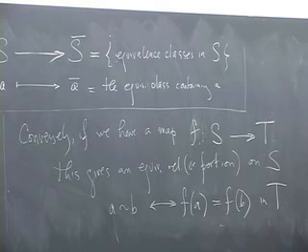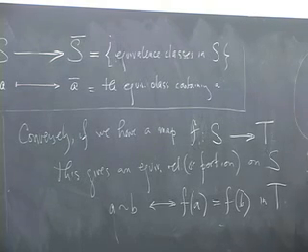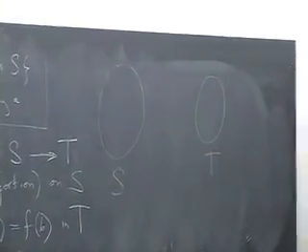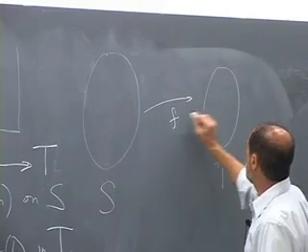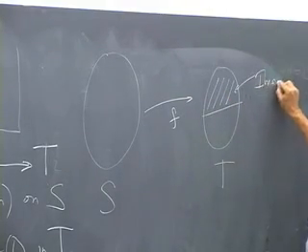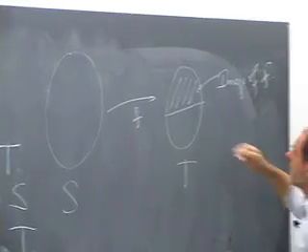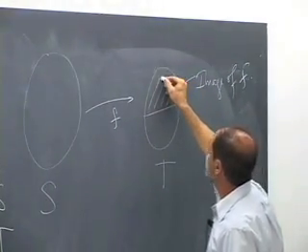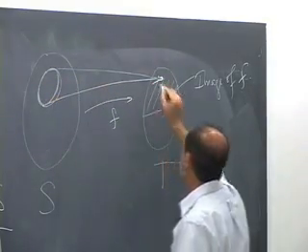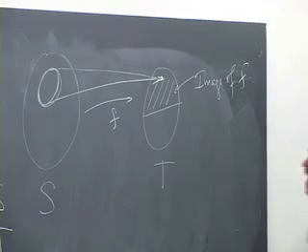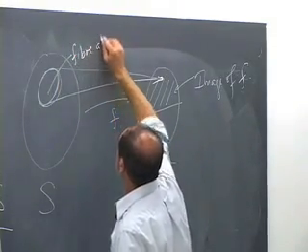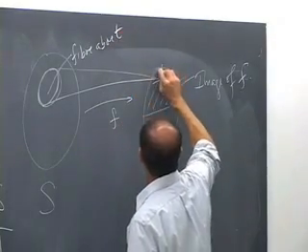And so you might look at it this way. Here's S. Here's the set T. Now, the map may not be surjective. Let's suppose that the image of it is this part of T. And for every element in that image, you look back and you see all the things in S that map to it, that's sometimes called the fiber of the map. This is the point T here.